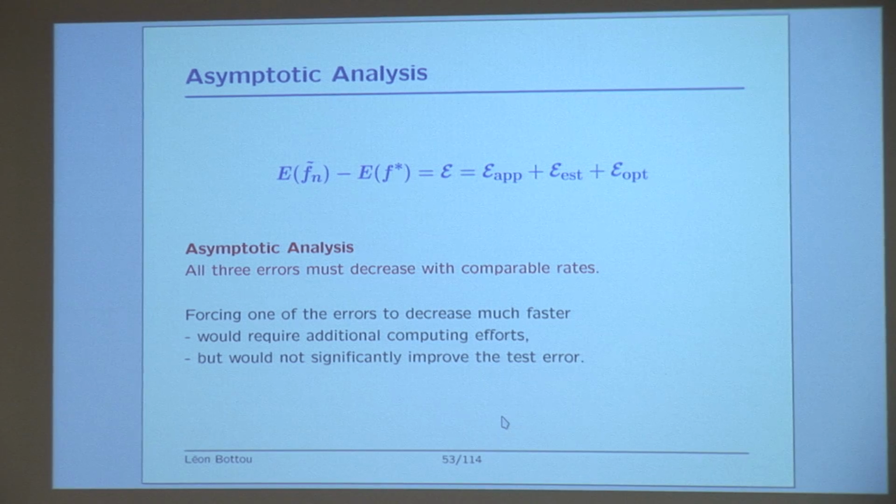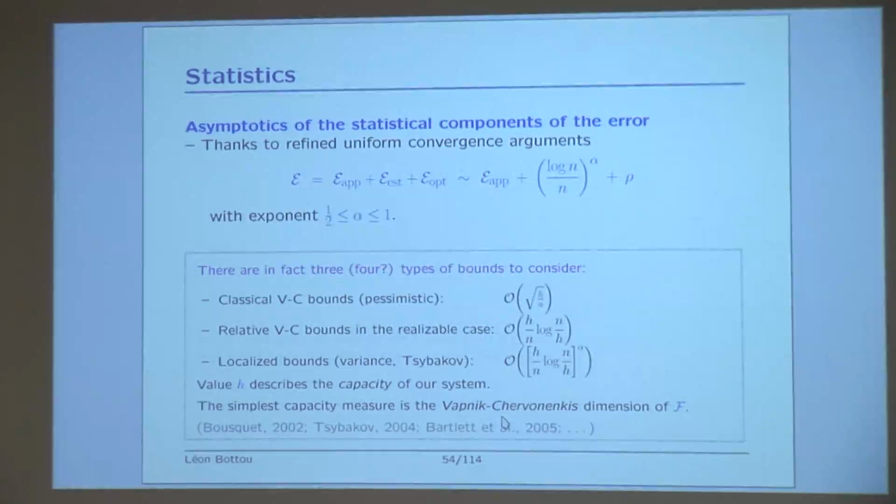Because if we force one of the errors to decrease faster, basically it's lost, but that represents computing effort. So if I want to do it with minimum computing effort, all the three should be about the same. There is no reason to force any of these terms to decrease faster, because that wouldn't decrease the order of the excess error. So we need to look at the details.